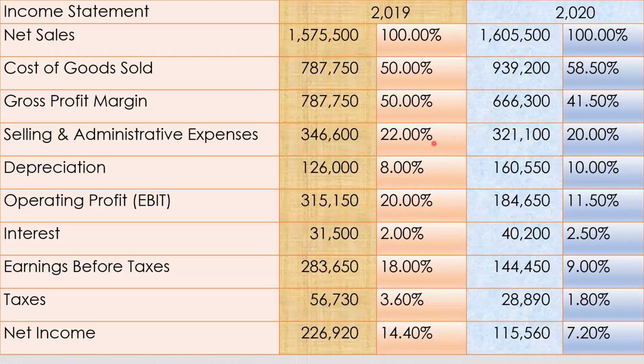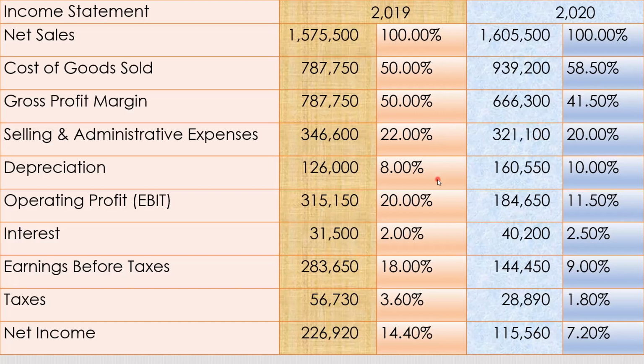In 2019, they may have acquired new employees, therefore employee salary may be included in the administrative expenses, so this may be higher. And they may have spent more money to expand their market, to expand the sales. So the sales commission may be higher in this period compared to 2020. That's why the selling expenses increased.